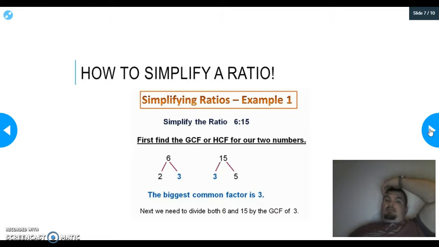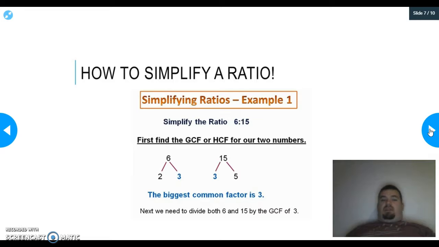After defining a ratio, and after putting a ratio as an answer to your question, sometimes it may want you to simplify. So we can simplify ratios like fractions. Let's simplify the ratio 6 to 15.